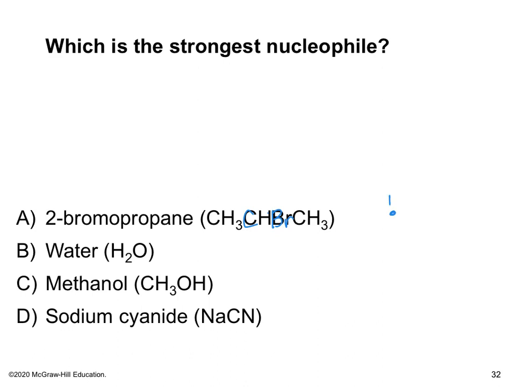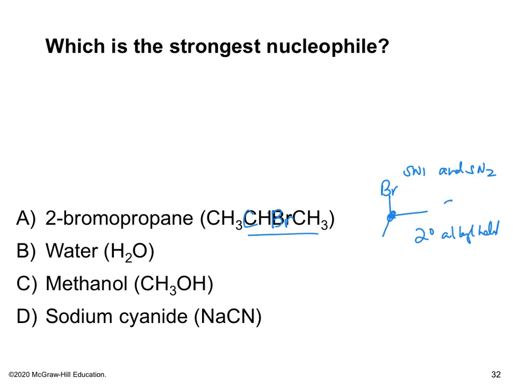If you're having trouble still, you need to go back to POGA 1. Okay. So that is a secondary alkyl halide. You'll find that secondaries do SN1 and SN2. So it's going to depend on your conditions.